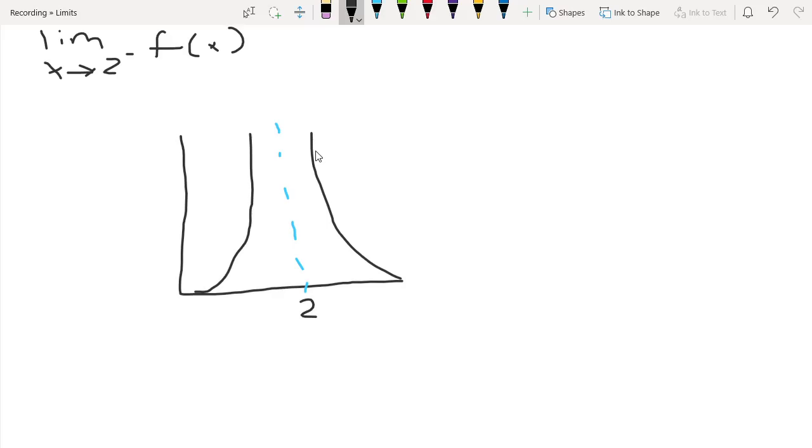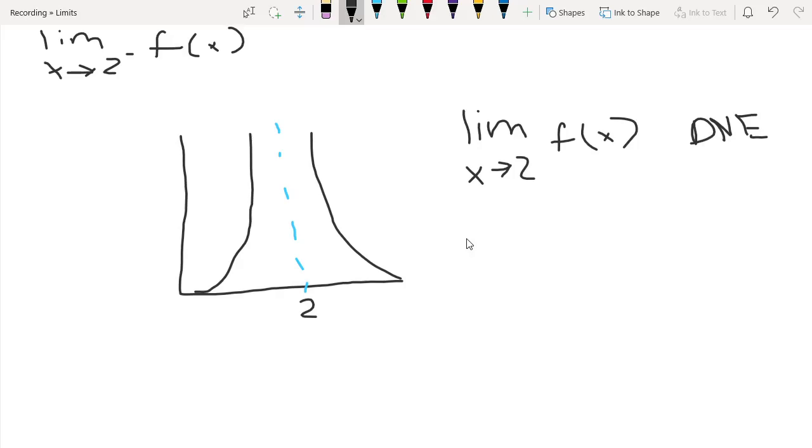The values will get close to 2, but there is no definite value for it. So in this case, we'll say the limit as x approaches 2 of f of x does not exist.